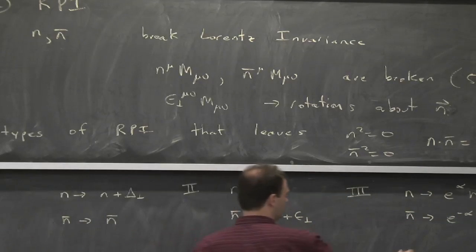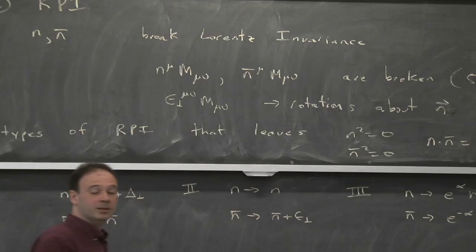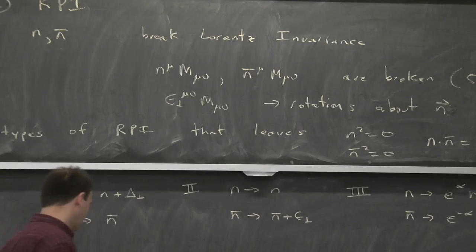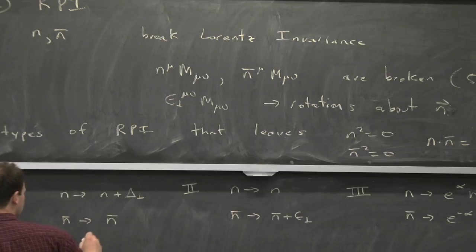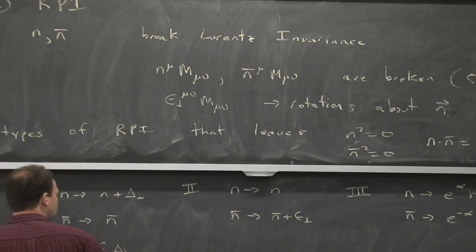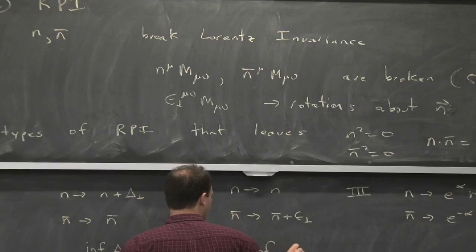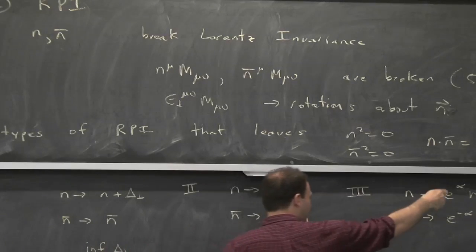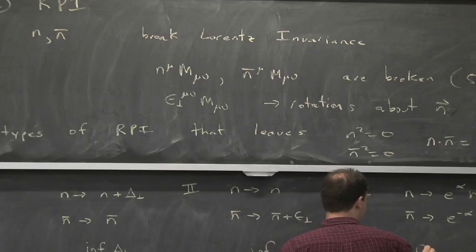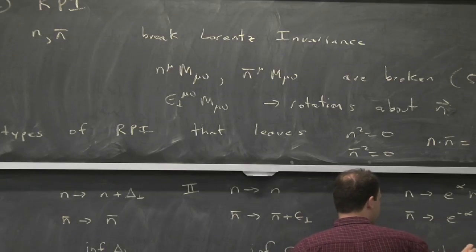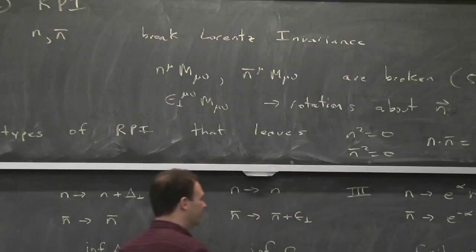And if I just rescale them both by an opposite amount, then that remains satisfied as well. So I've formulated this in terms of an infinitesimal transformation for delta perp, infinitesimal for epsilon perp. I could also expand this exponential and think of it as infinitesimal, but even the finite one's easier. So let's just think of the finite transformation in the last one.